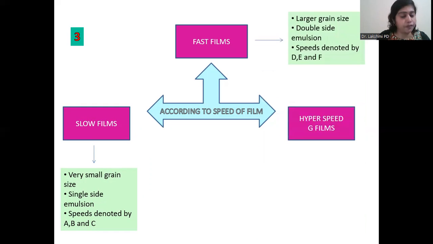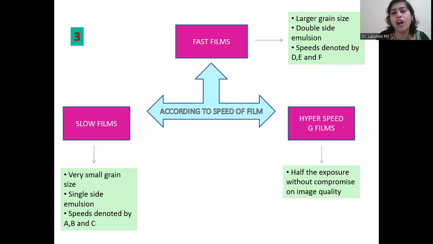And the fast films, which we usually use in dentistry, are usually denoted by the letters D, E, and F. The size of the silver halide crystal grains is much larger, and they are usually double-sided emulsion films. Hyperspeed G films require only half the amount of X-ray exposure as your fast films to create a very clear radiographic image.